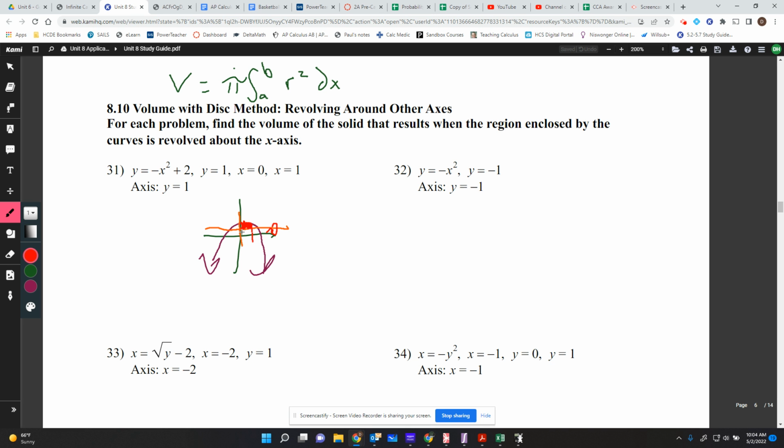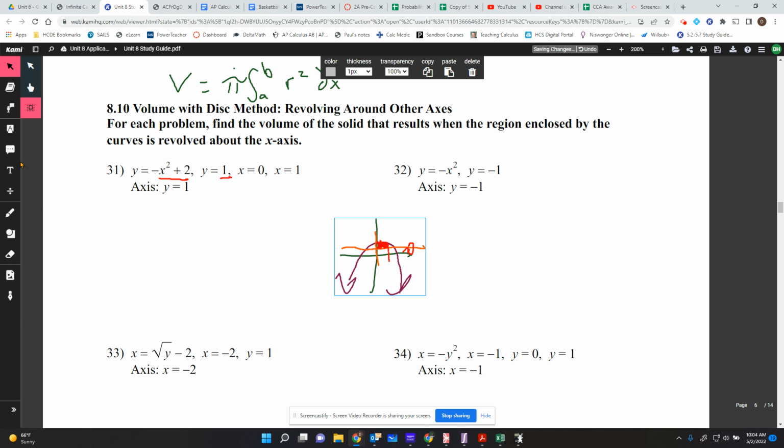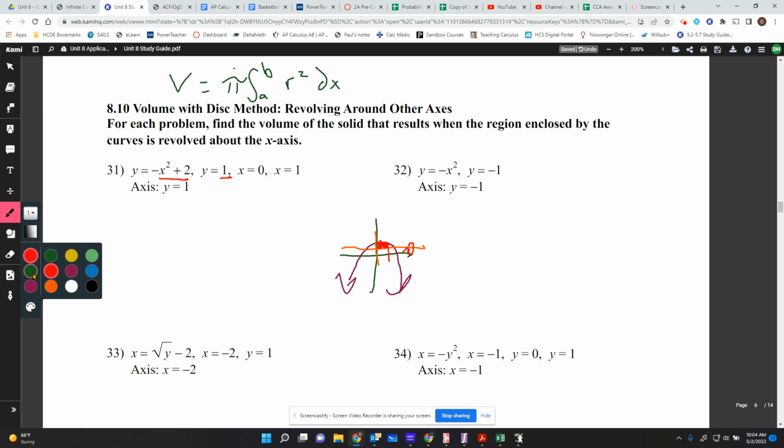So now r is the distance between this and this. Let me move this out of the way. Take our little picture here. Then our volume is equal to pi, and it tells us from 0 to 1. And since we're revolving around an axis that's parallel to the x-axis, we use x values for our bounds.